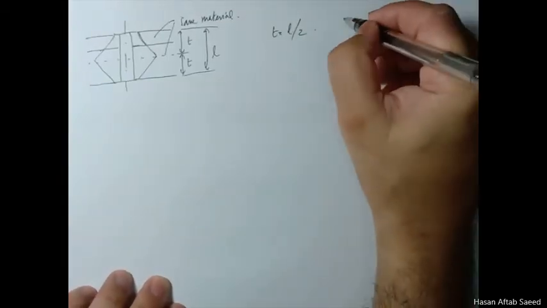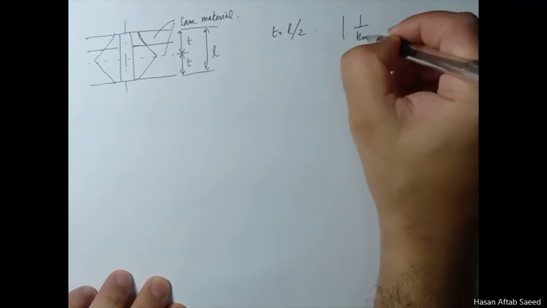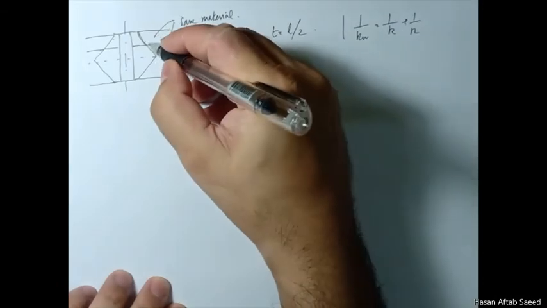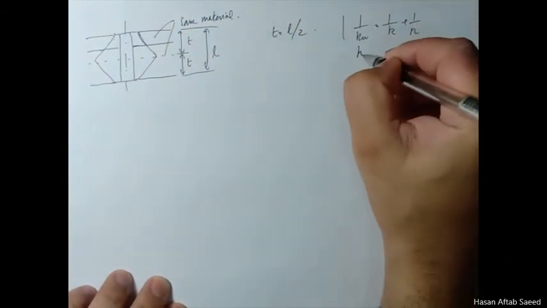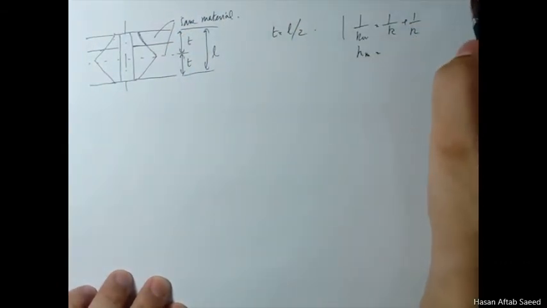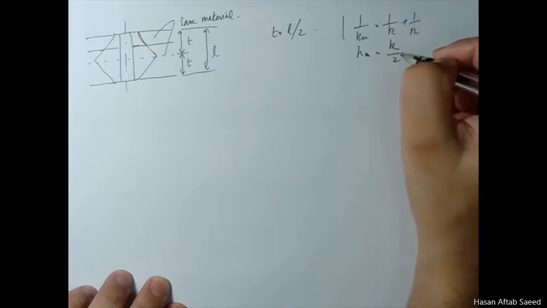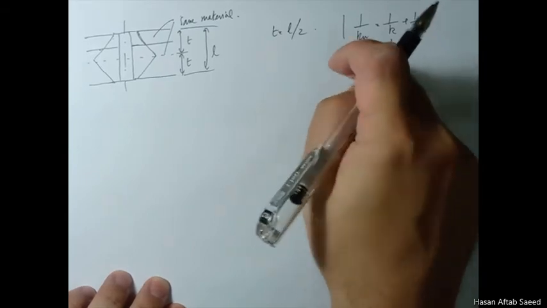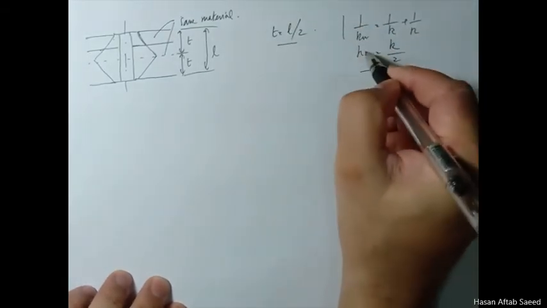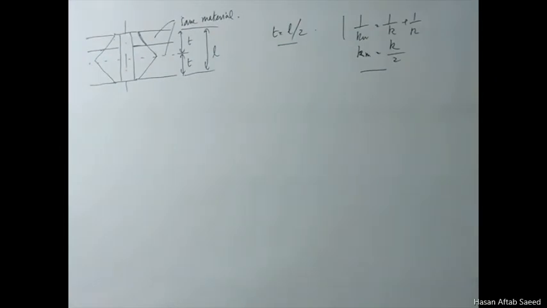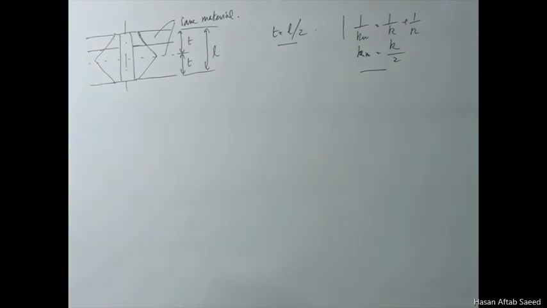So in this case, 1 over Km will be 1 over K plus 1 over K, because there is no concept of K1 and K2 now, and Km will be K over 2. So if we use both of these in this expression, then we can directly get this equation.